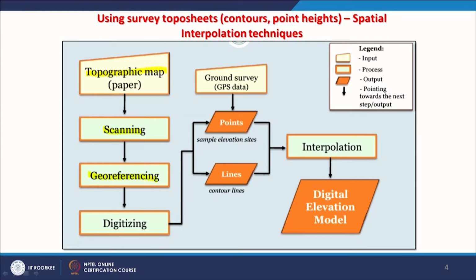So at that time I mentioned that we have found, through our iteration and experience, that if I have to handle a 50,000 scale topo sheet, then scanning at 300 dpi, dots per inch, would be optimum, and there is no need for going to 600 dpi or 1200 dpi, because going for a very high dpi may result in a very huge file, but no benefits in terms of quality.